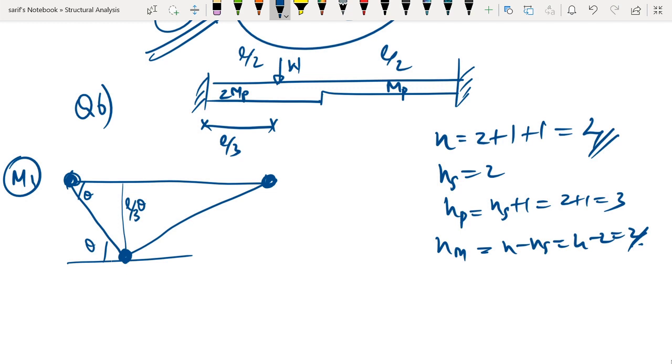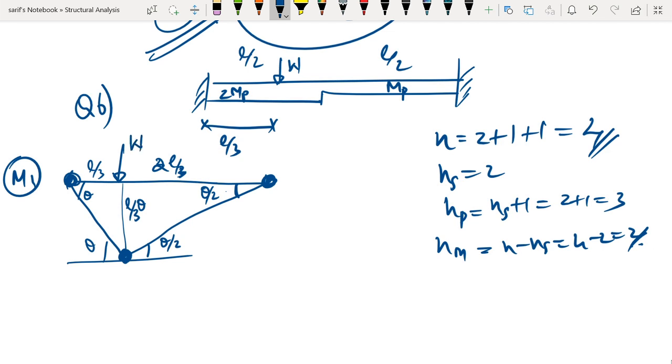If this is L by 3 into theta, then the angle that we are going to have here will be theta divided by 2. So this angle will be theta by 2, and this also will be theta by 2. Because this distance is L by 3, this is 2L by 3. Basic geometry. And this is W.